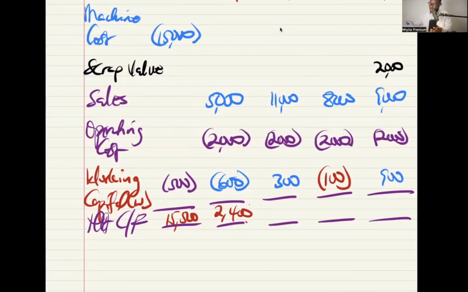That is 9,300. 8,000 minus 2,000 minus 100. 5,900. 2,000 plus 9,000 minus 2,000 plus 900, and that is 9,900.